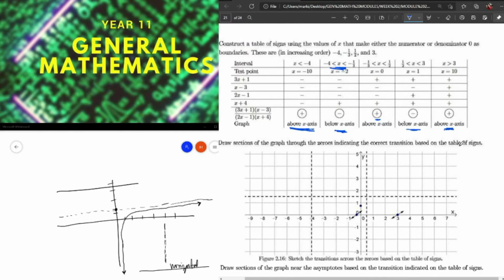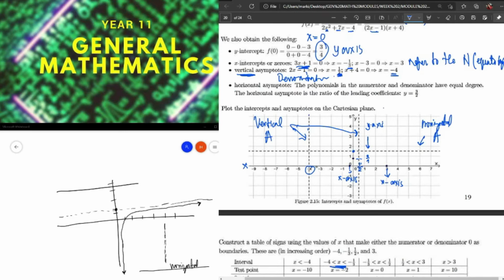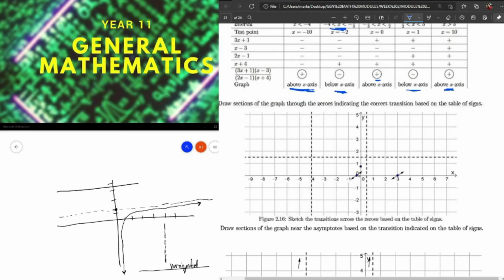So remember that we already plotted the domain. We already plotted the x-intercept, the y-intercept, the vertical asymptote, and the horizontal asymptote. So we have here, right? We already plotted these earlier. These are the points. This one, these are the vertical asymptotes.